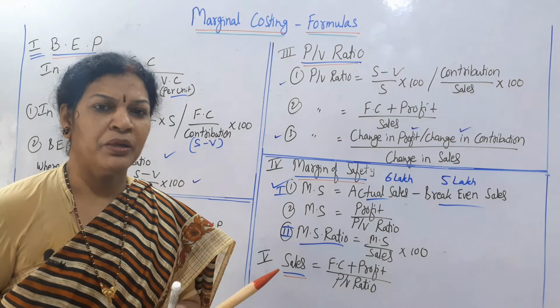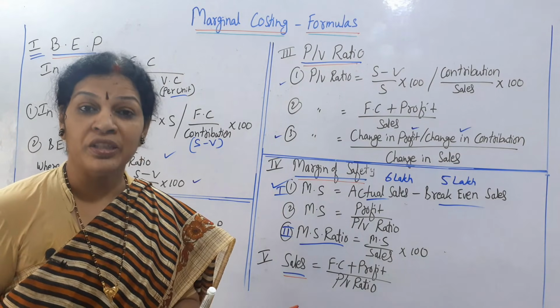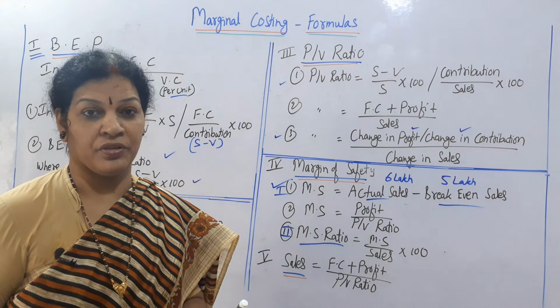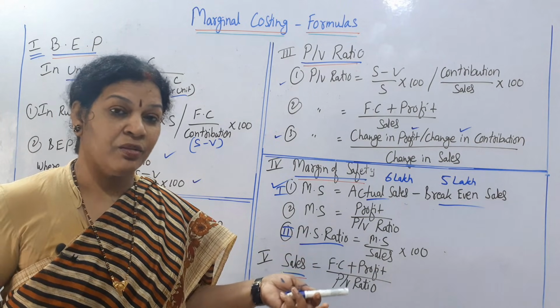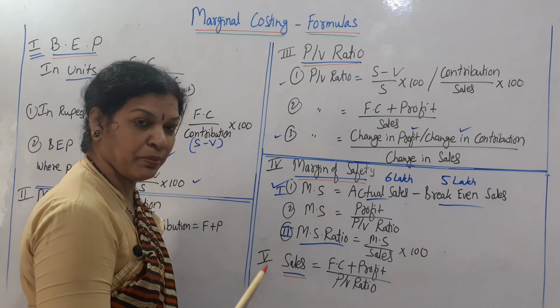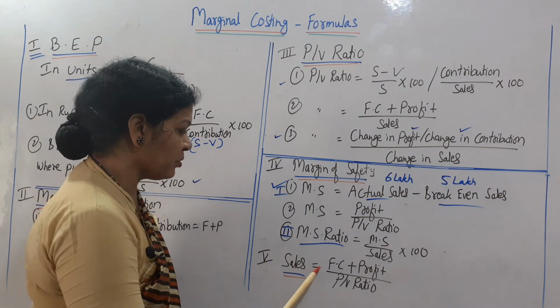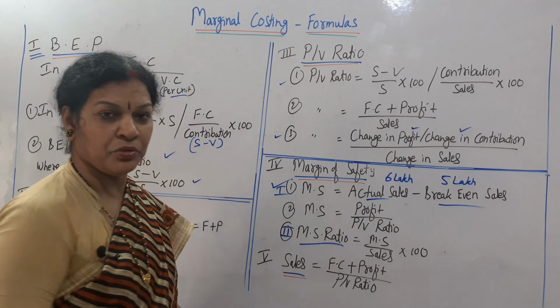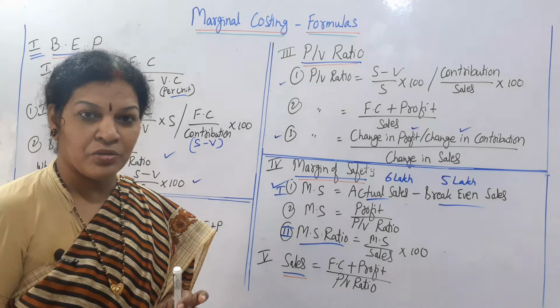There is another formula you have to remember to know the sales or the profit: how much sales are required, how much profit is required. To calculate that, we can use this formula. Please remember this. Sales is equal to fixed cost plus profit by PV ratio.